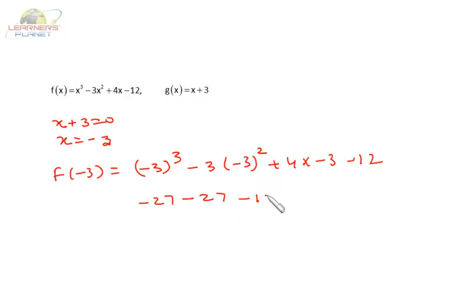Then it is minus 12 minus 12. So it is minus of 78. That means f of minus 3 is not 0. That means x plus 3 is not a factor of x cube minus 3x square plus 4x minus 12. Okay, I hope you are clear.